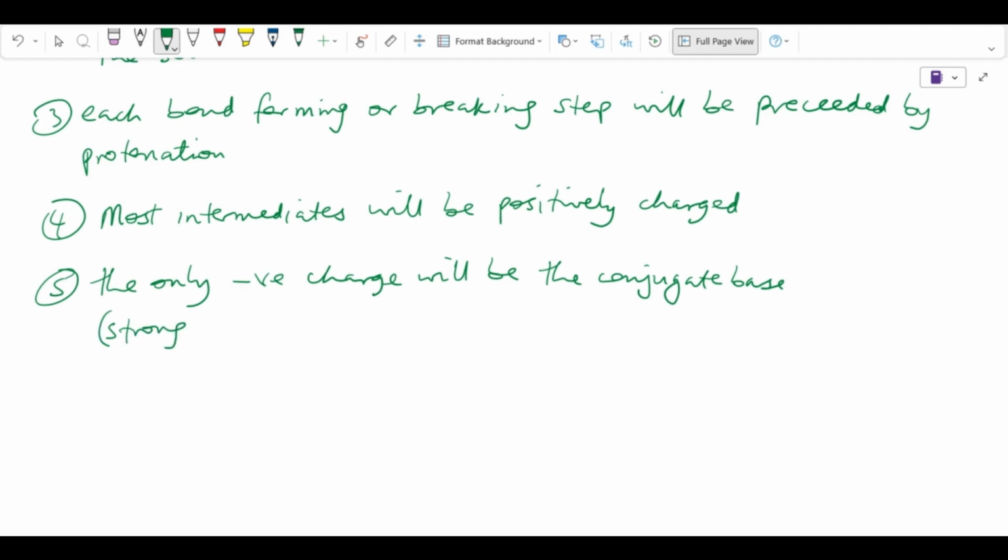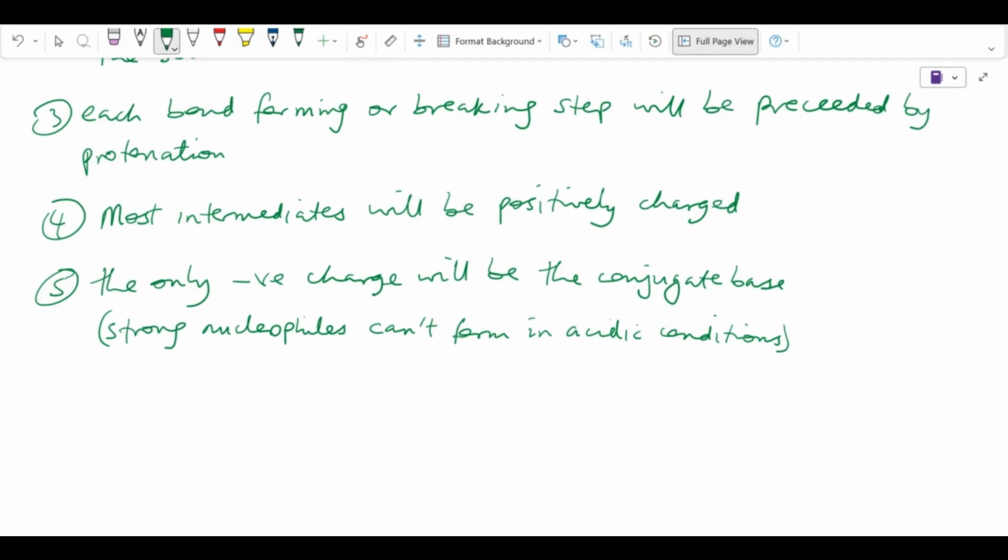So you cannot form strong nucleophiles in acidic conditions. Remember that strong nucleophiles are usually negatively charged. The other species that is negatively charged is a base, right?